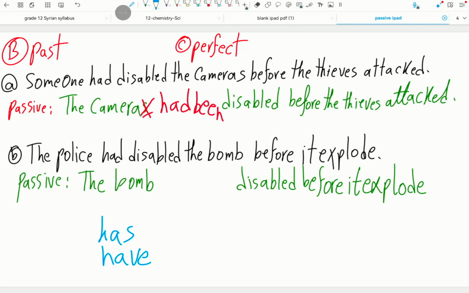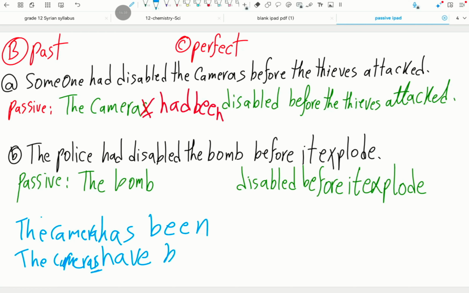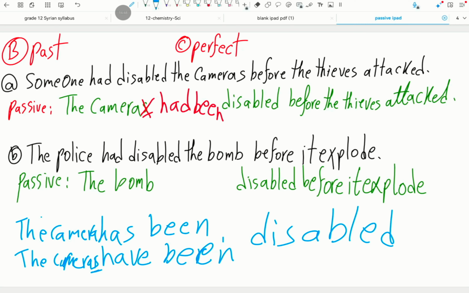The camera has been disabled, the cameras have been disabled. When we use present perfect, we have has or have, it depends: has for one camera, have for many cameras. But for past perfect, my friends, it's always had been.